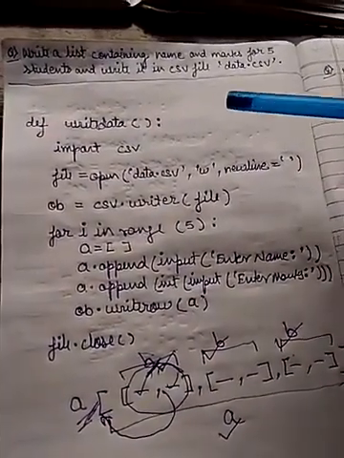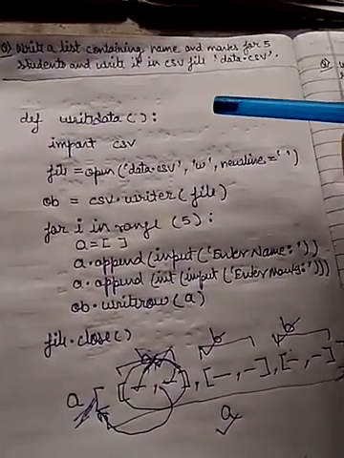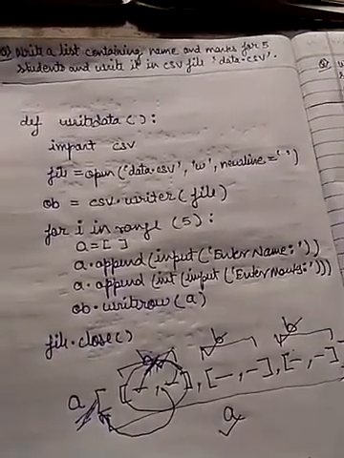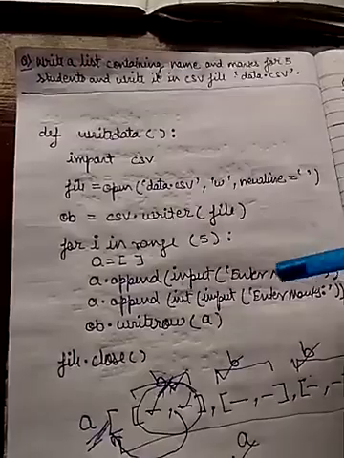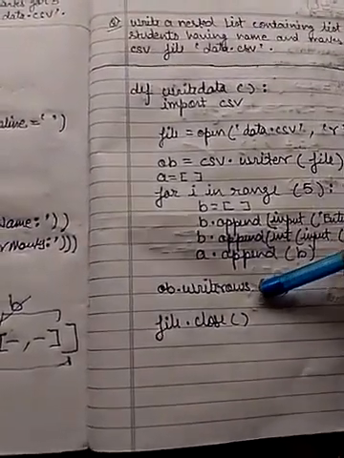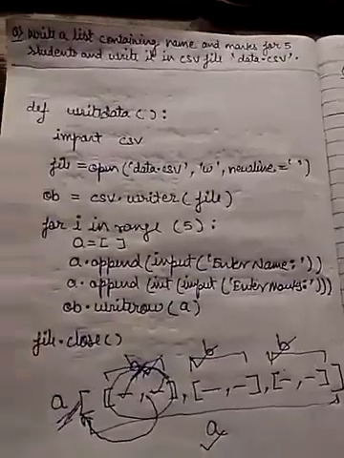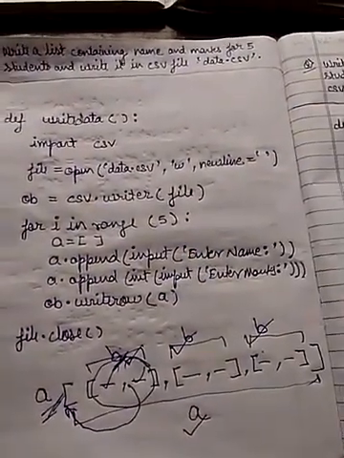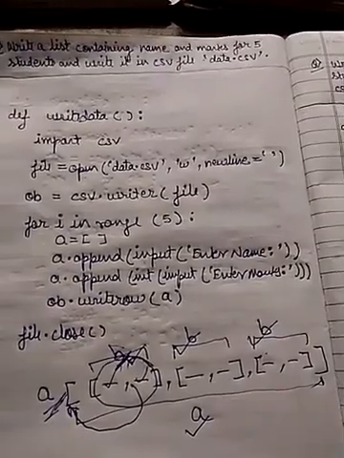Let us summarize. There are two methods to write the data in the CSV file. One method is by using the function write row. Another method is using the function write rows. Write row method is used to write a list, one list at a time in a CSV file.